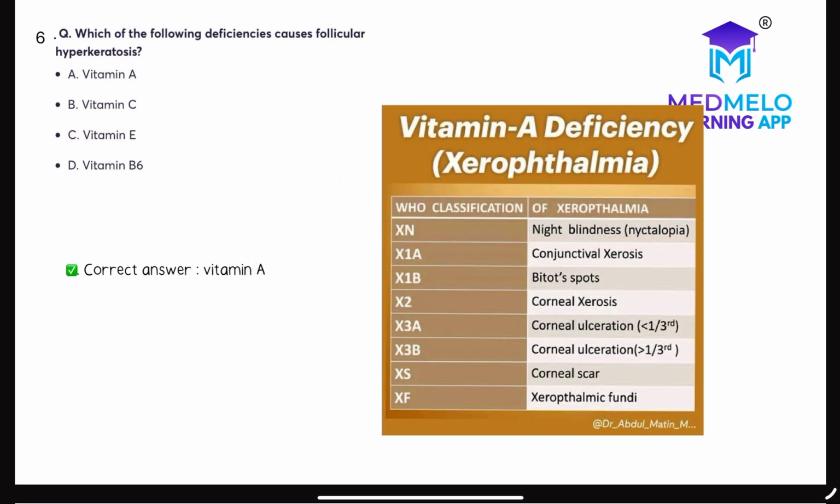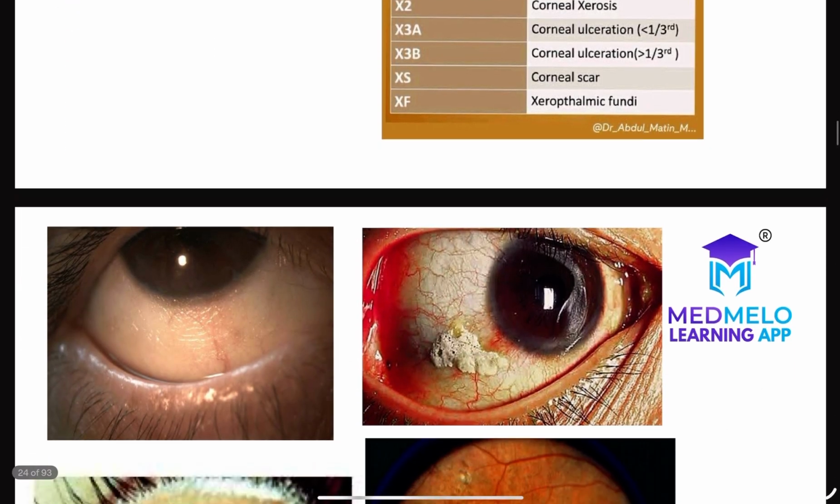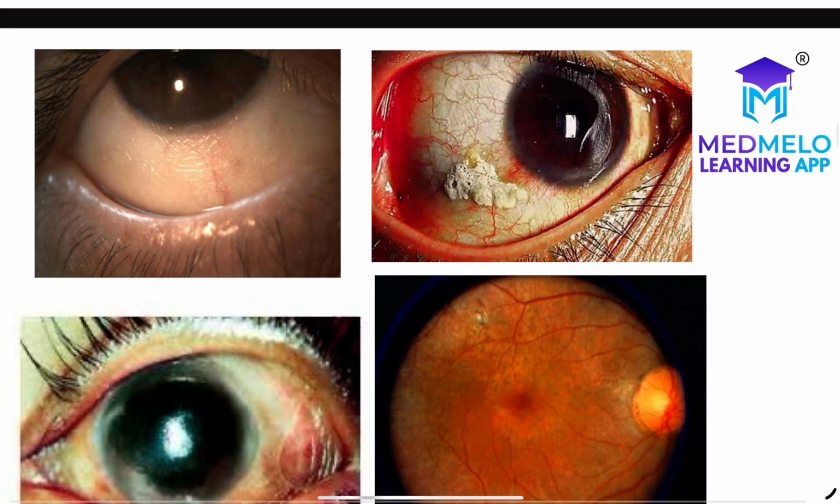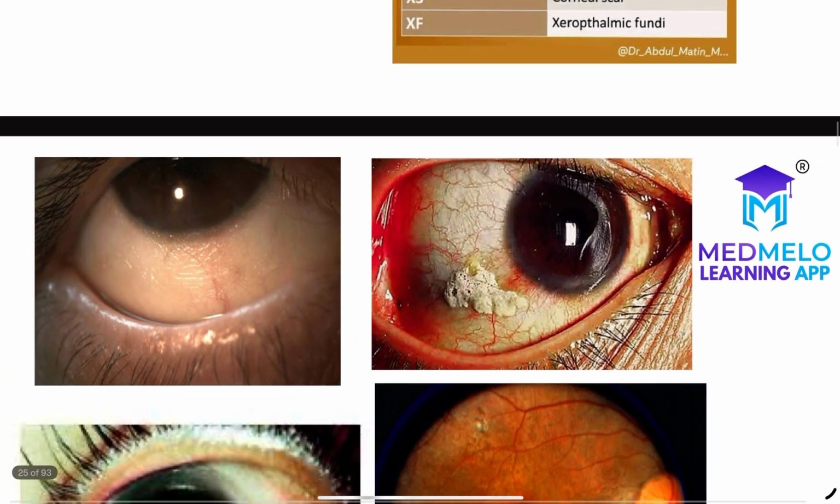X1A denotes conjunctival xerosis, the dryness of the conjunctiva. We can see the conjunctiva is dry.